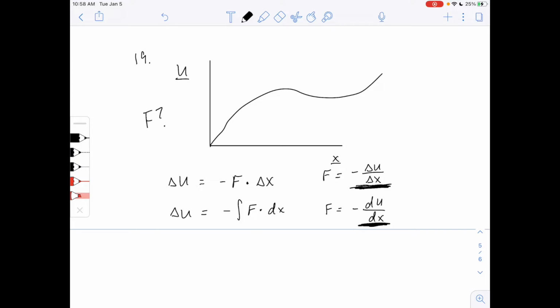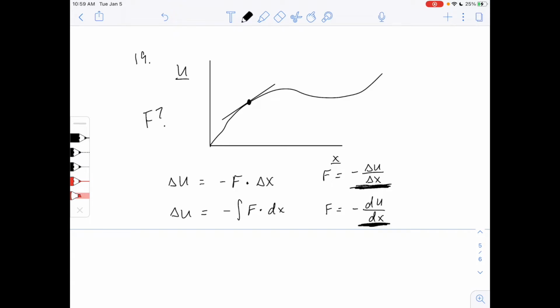Because this looks like a slope formula, and if you're in AP, you know that derivative basically means slope. Okay, so all we have to do is find the slope at whatever given value, right? So you could just draw a line tangent to that value.